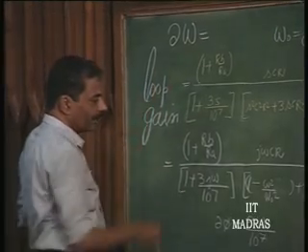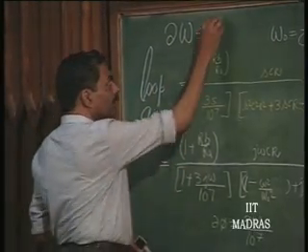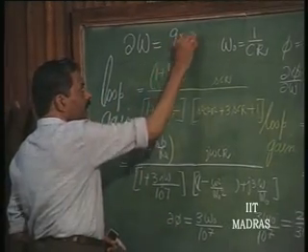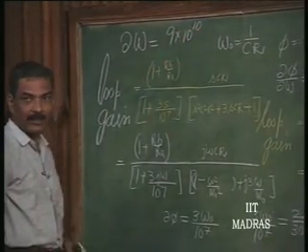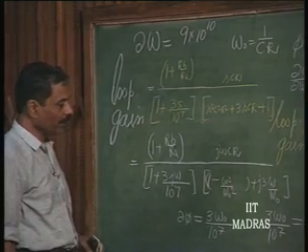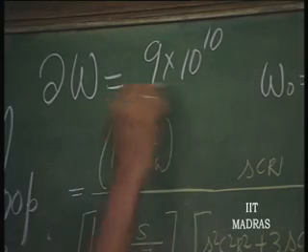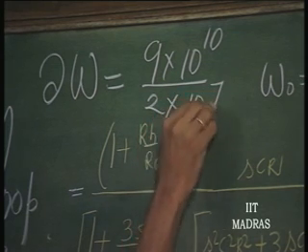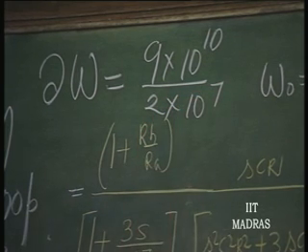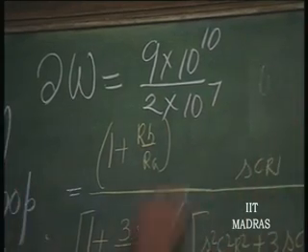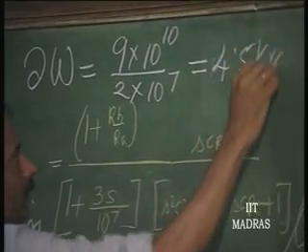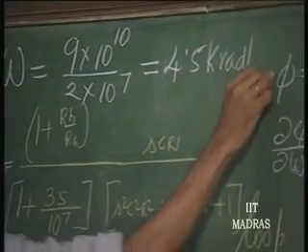So, that delta omega is going to be 9 omega naught squared, omega naught being 10 to power 5, omega naught squared divided by 2 into 10 to power 7. So, you can see that this is going to be equal to 4.5 kilo radians per second.